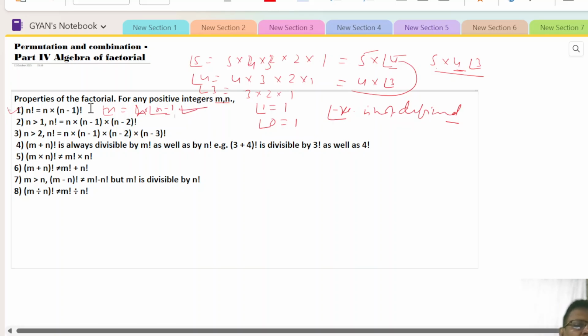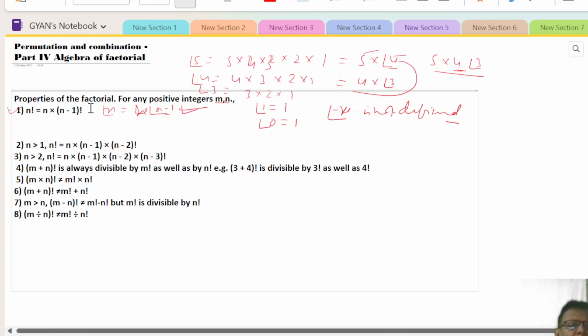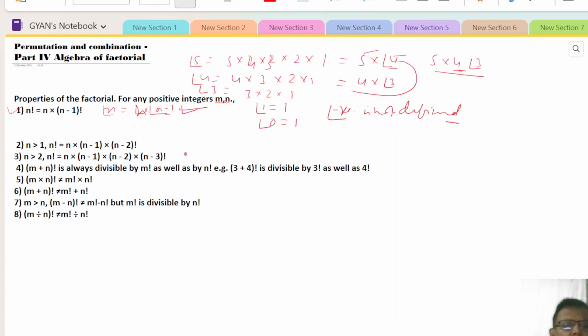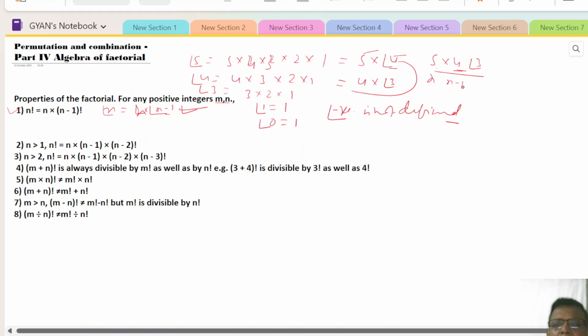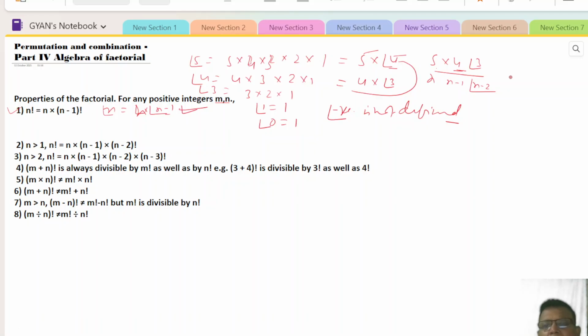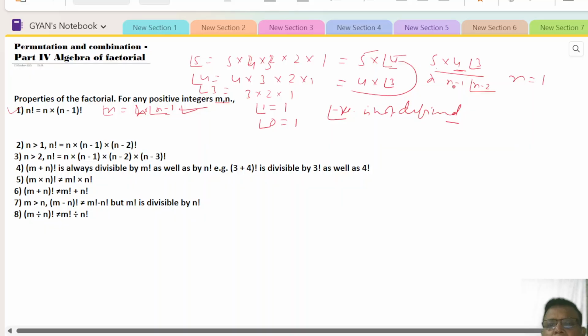Now come to the second formula. From here, this is n minus 1 and this is n minus 2 factorial. But if n is equal to 1, then this is 1, this is 0 and this is minus 1.